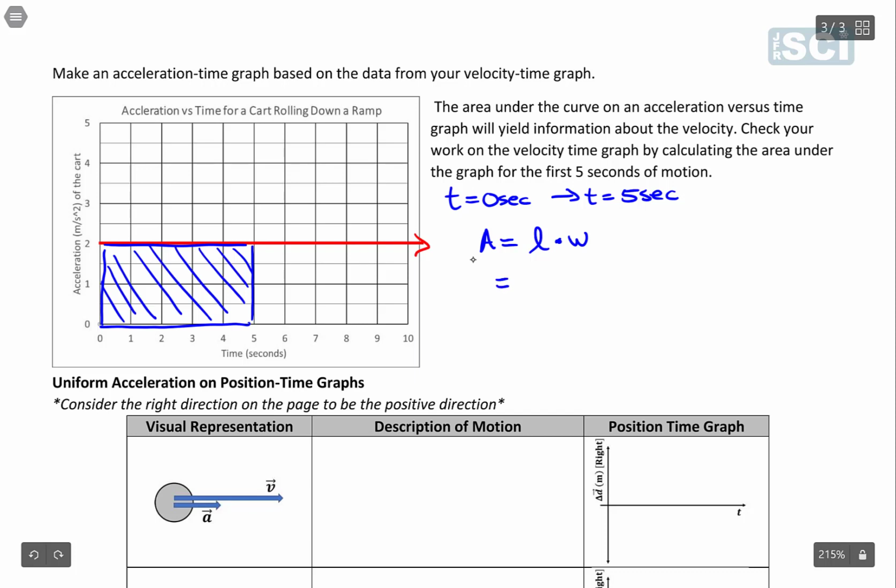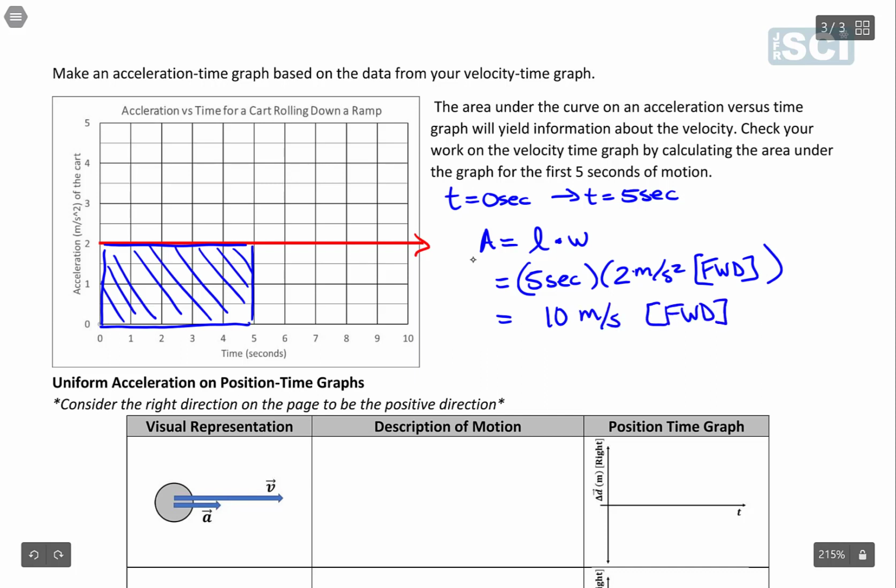So the length here is 5 seconds. The width was 2 meters per second squared, and that we can say is forward. And if I multiply these together, I get 10 meters a second forward.